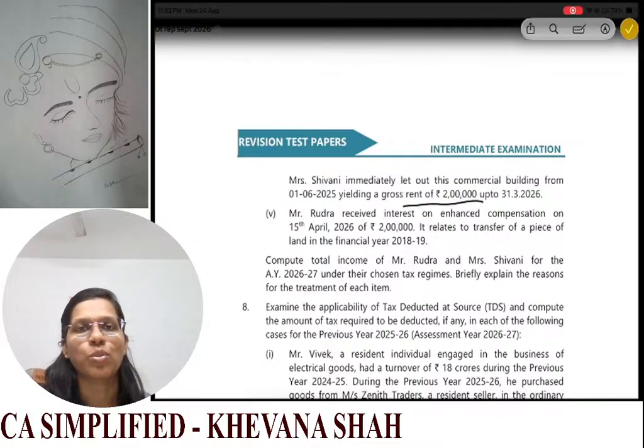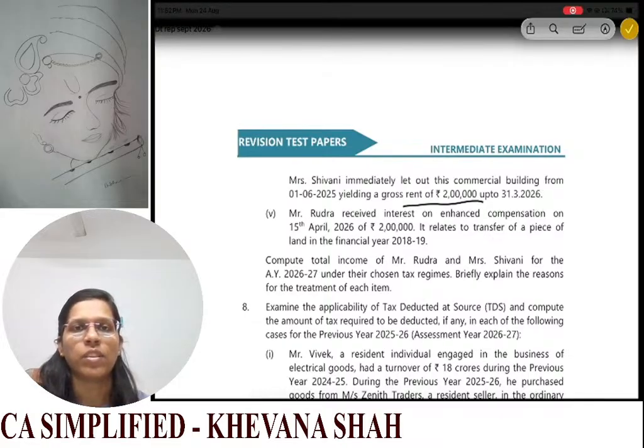So here, subsequent transfer, connection between transactions. So this income will also get clubbed. So 2 lakh also you need to add.